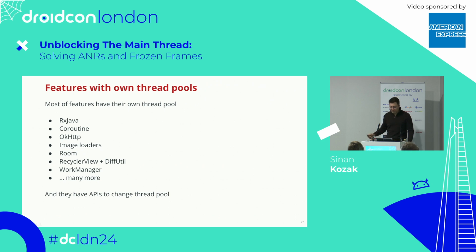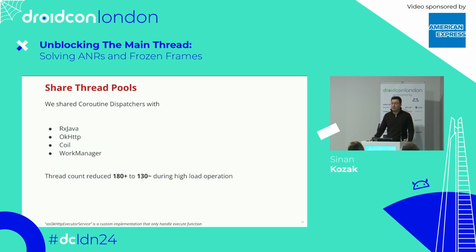But what we can do is share our thread pools among those SDKs. All of those good-intentioned libraries are plug and play. They expect you to start using them, but they also have really nice APIs to be able to set executors and dispatchers, and they create those APIs so we can control which kind of thread pool they have.